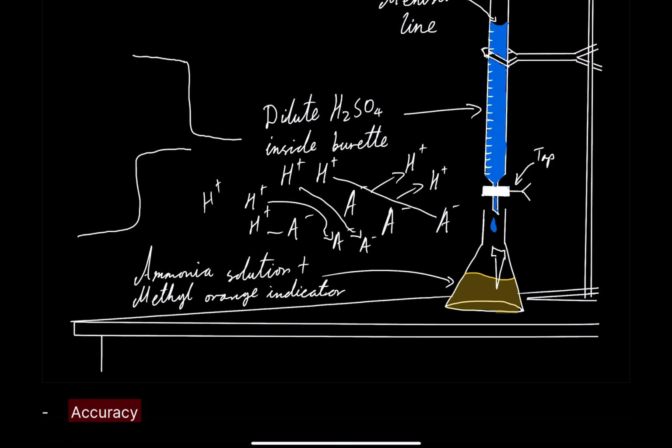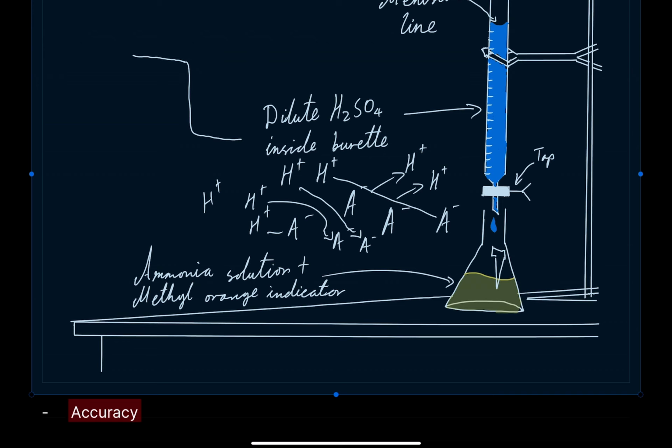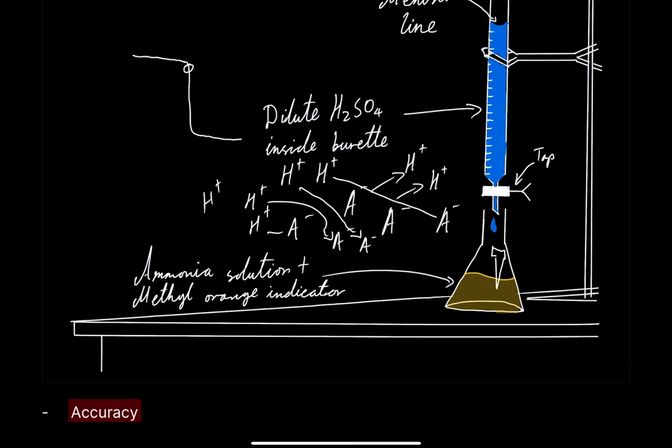Now the graph would change dramatically. I'm using this example here because that's technically what the reaction is. Once we have the same number of H plus as A minus, we reach this point, and this is where the graph starts to peak.